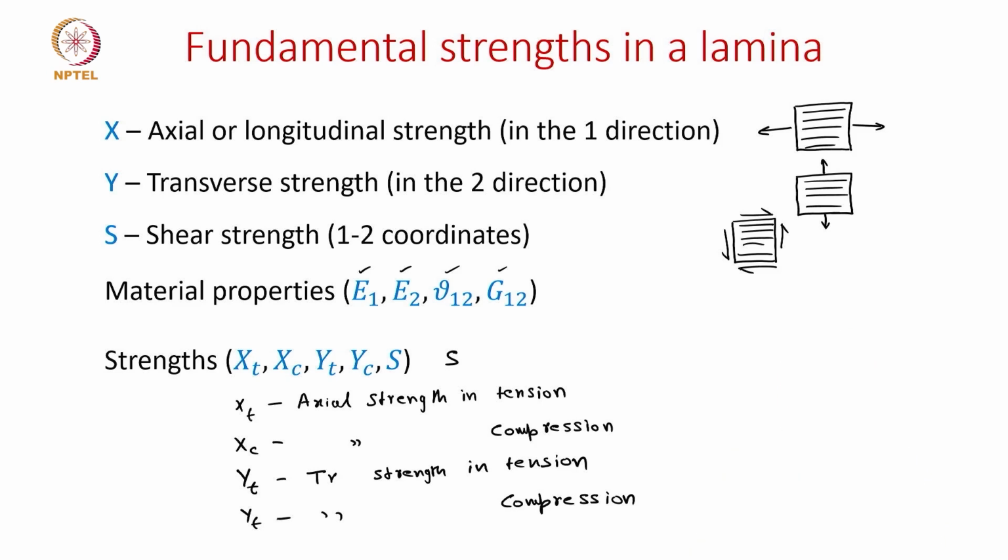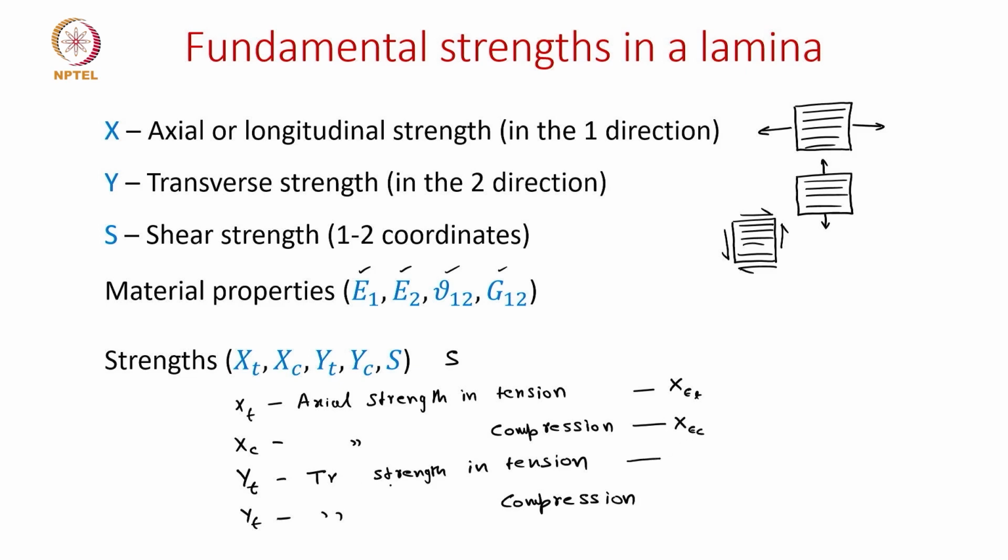Currently, we showed the strengths in terms of stresses, but the strengths can also be shown in terms of the strains. So for axial strain in tension, we write it as x epsilon t, and axial strain in compression, we write it as x epsilon c.